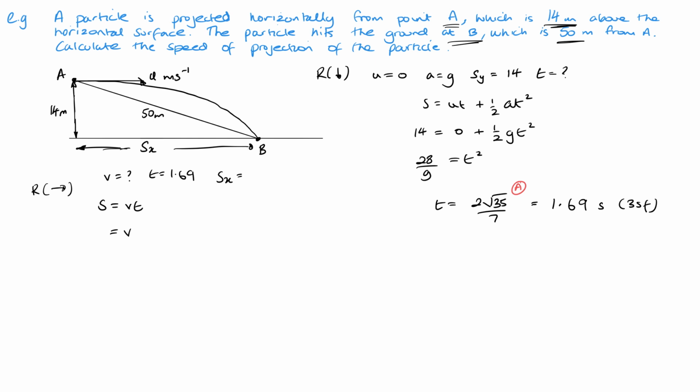But if I look at the question, I've got 14 here, 50 here, and this is clearly going to be a Pythagoras, isn't it? Right angle triangle. So this is going to be 50 squared minus 14 squared and then square rooted.